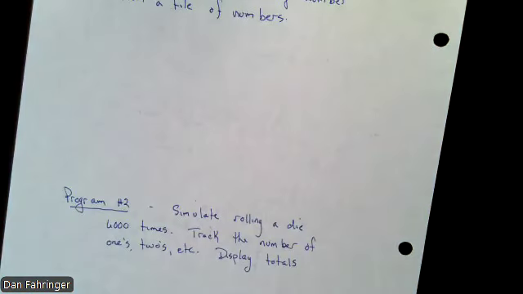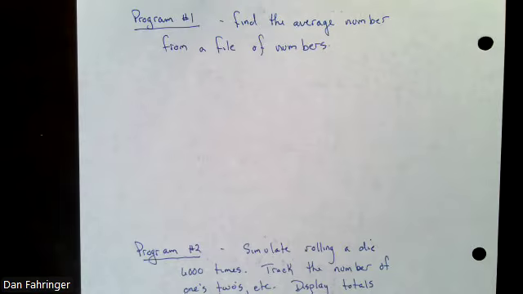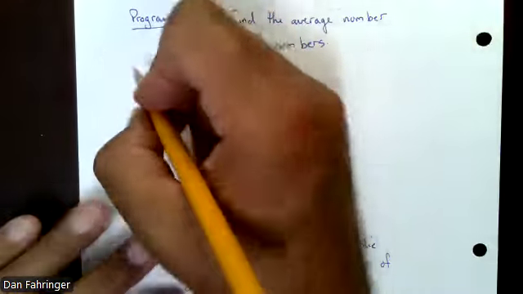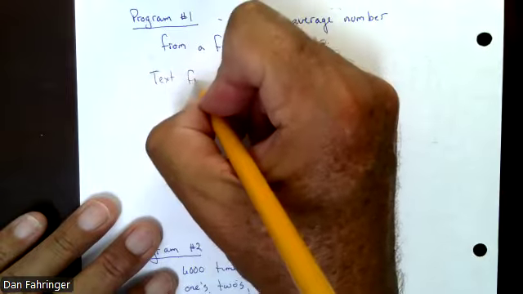Okay, here we go. We have two programs to work on today. First one is find the average number from a file of numbers. Well, first of all, you know that we are only working with text files for data.